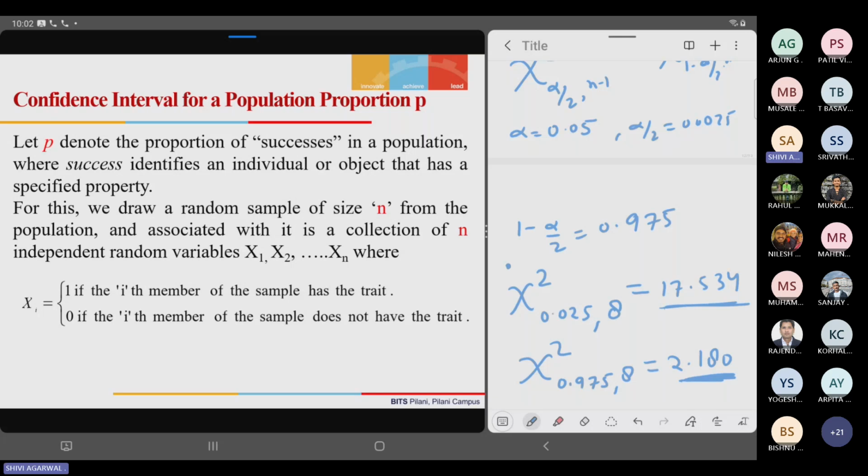Any other query? We are just doing 7.3, the interval estimation. We have also done 6.4, related to the variance.